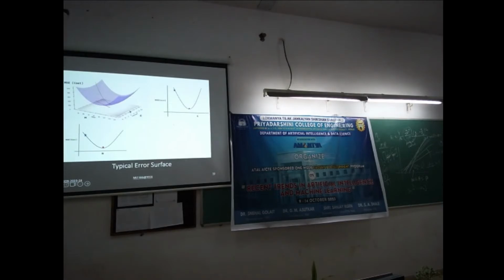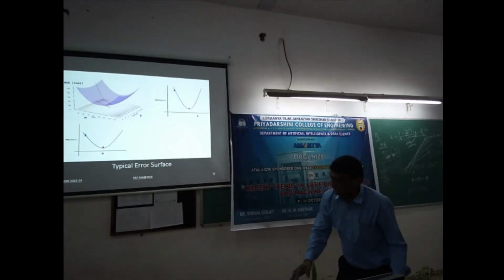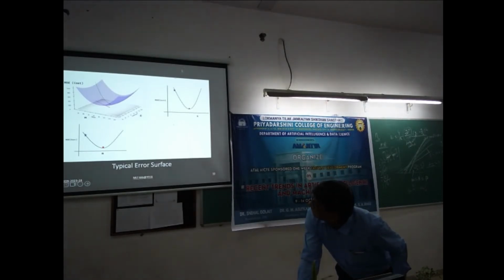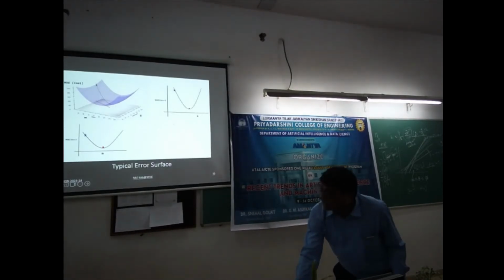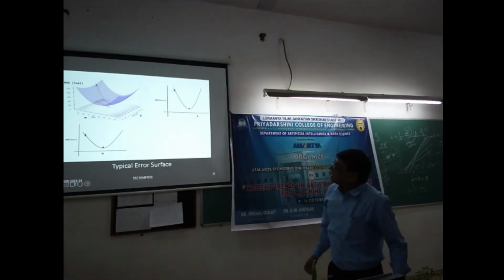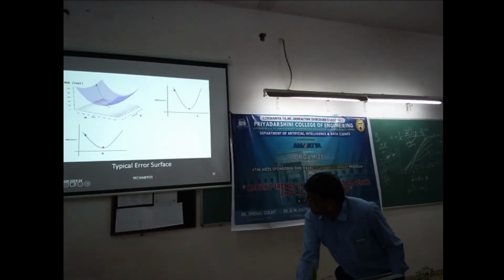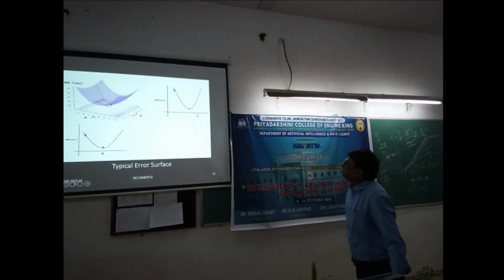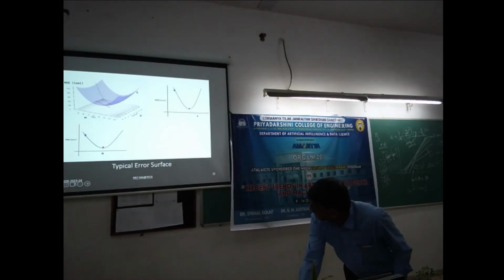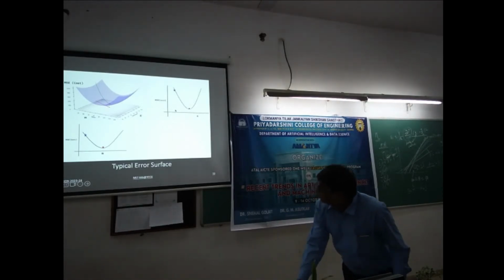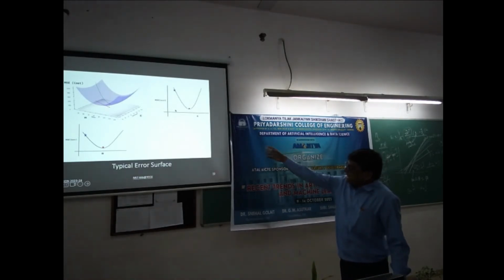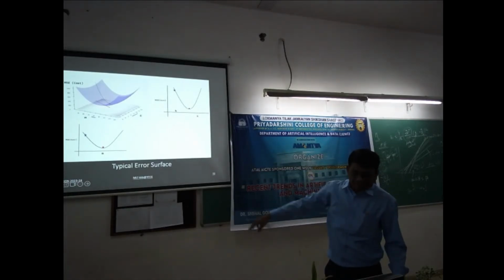Error is coming down, and this is the path followed by your algorithm. This was the initial point. Then you move in the direction of steepest descent with some alpha, the learning constant, and then you moved here, like that, and finally you reach this particular point of minimum error. Now this graph can be projected in two dimensions, like MSE versus C and MSE versus M.